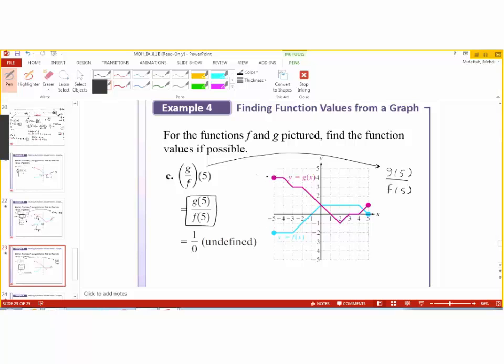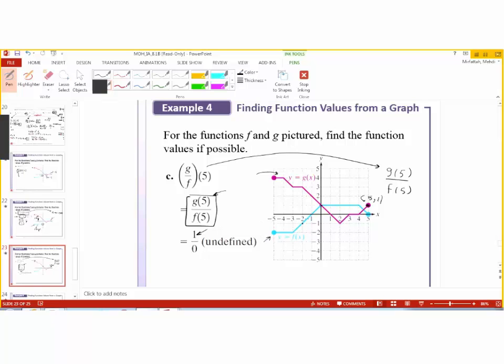If you look at the g function, g of 5, if x equal to 5, you have to go up, and this is the point of intersection, which is 1. So if x equal to 5, y is equal to 1. That's why this is 1.